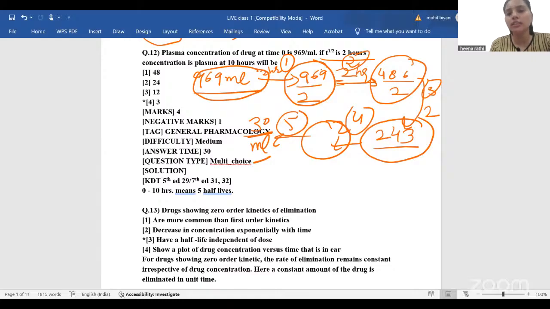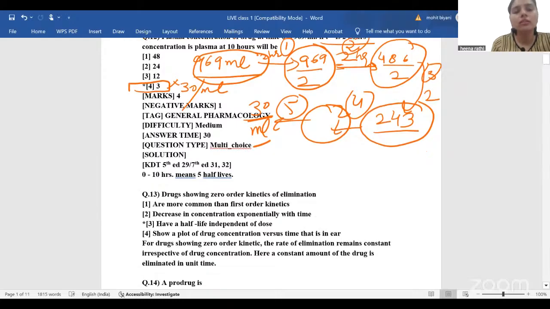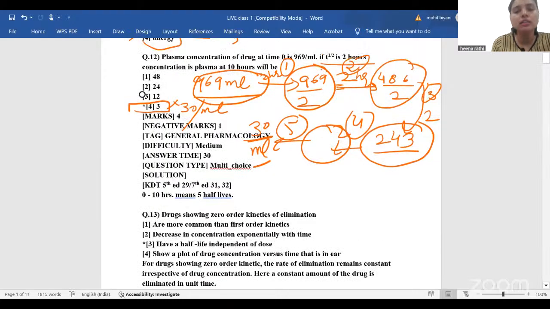That is called the T half. So by this, we can calculate any of the drug calculation. In these options, we have seen this 3. It is not 3, it is 30 ml, 30 per ml. So there should be a modification in this answer, that it should be 30 per ml.